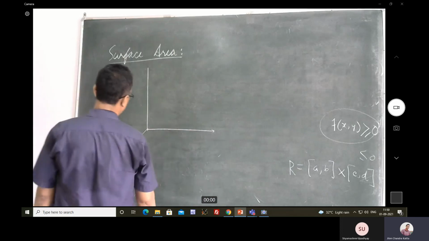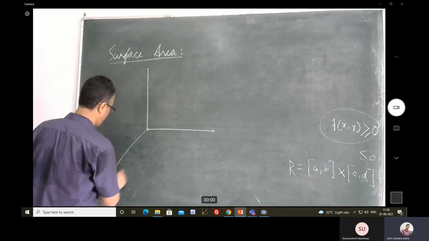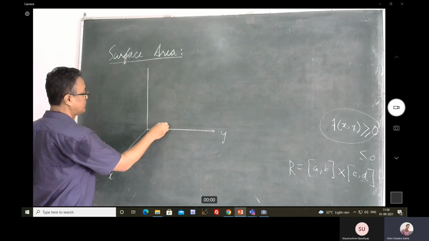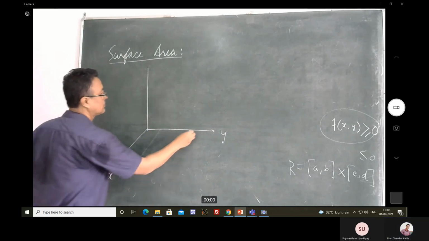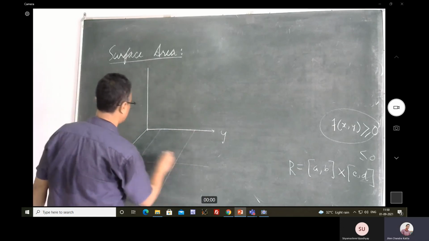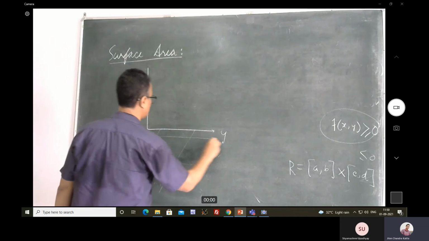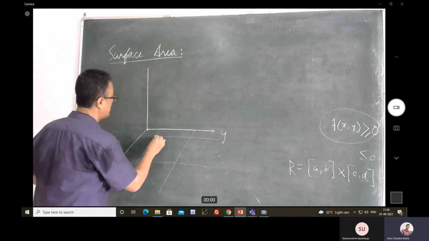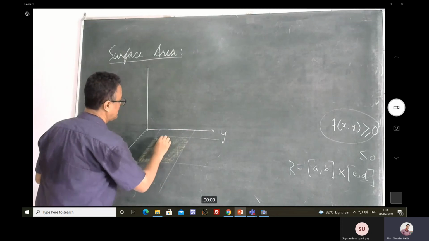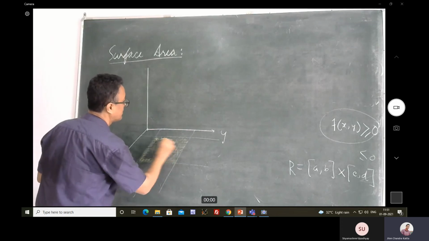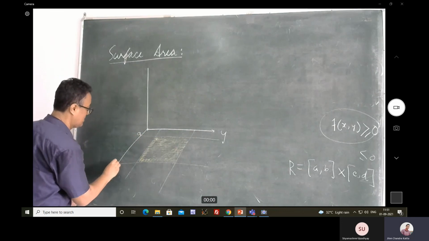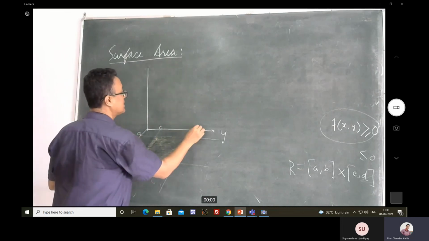So now, suppose I am considering this rectangular region. Okay. And this is AB and this is CD.